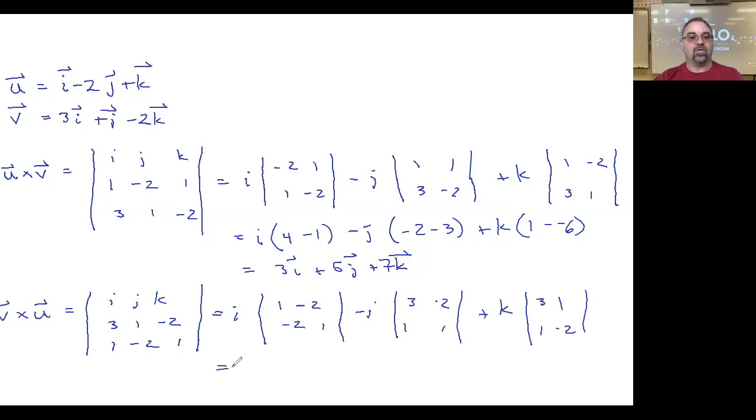And I won't go through them all, but notice that i's coefficient now is 1 minus 4. So you're going to get negative 3i. Negative j's coefficient is now 3 plus 2. So you're going to get negative 5j. And obviously k is going to be a negative 7k when you multiply that.